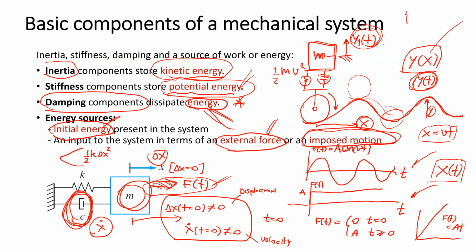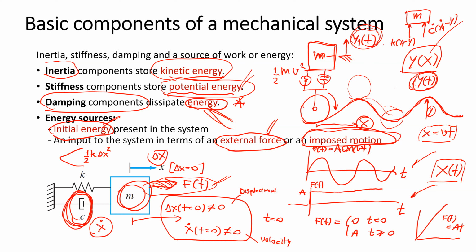If we just draw the free body diagram of the mass, we have the spring force that depends on the difference between y1 and y. And we have the damper force, which is a function of the difference between the velocity of y1 and y.